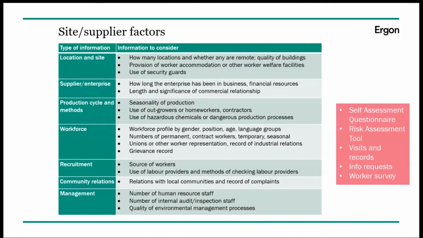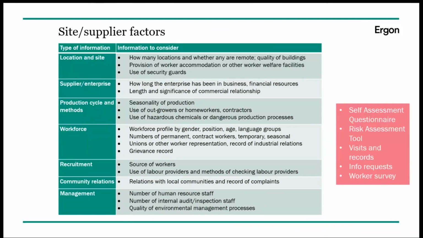And these could be about the location of the site, the physical location, types of workers, the types of contracts that they're on, the shift pattern on a particular site, how near a site is to local communities and urban areas.